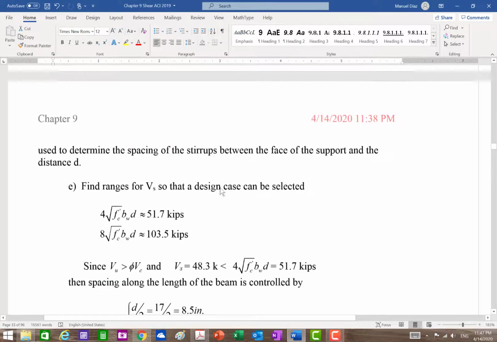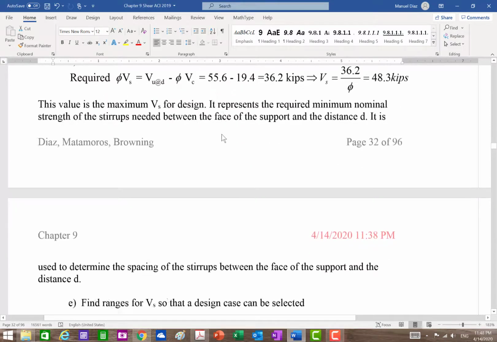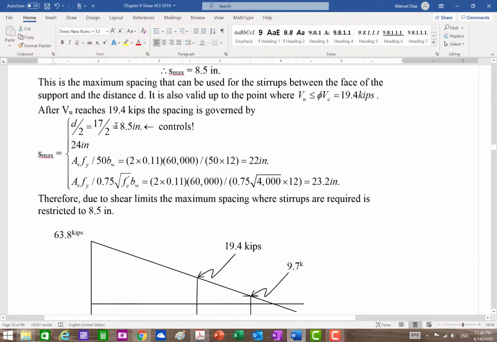Now this diagram is going down. So eventually it's going to get to this point right here where it's below this number, which is your phi V sub C. Then at that moment I can change my spacing to the minimum requirements and to the D over 2 and 24, right? And so we're going to check those values. So this is the same. This is the minimums.